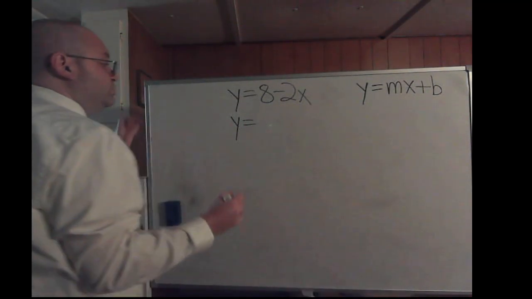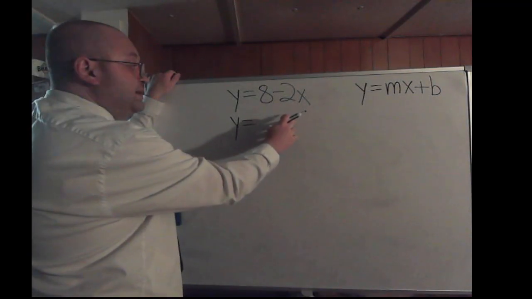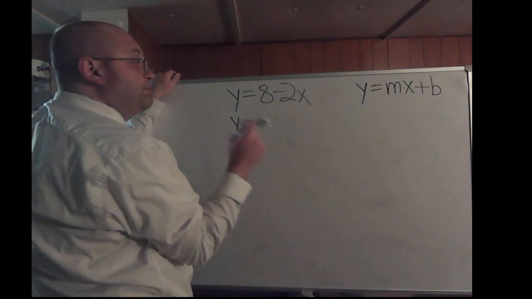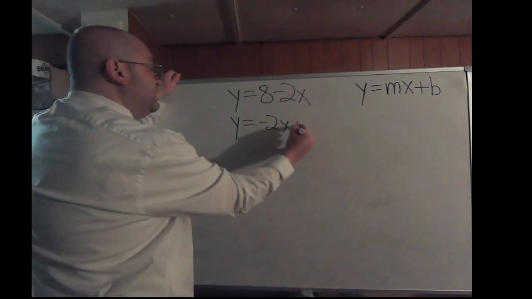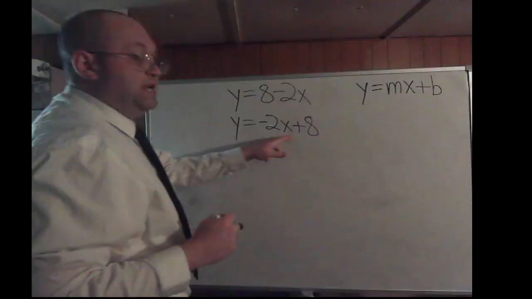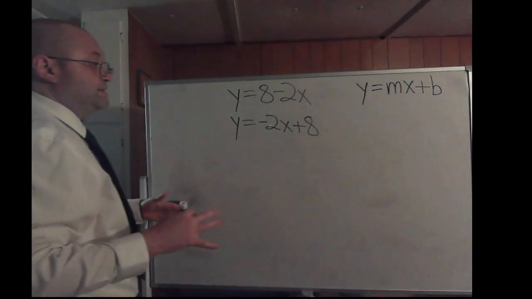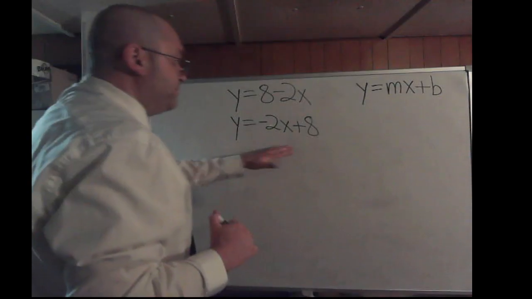It's going to be equal to, on the right-hand side, you have 8 minus 2x. You can use the commutative property of addition to make it negative 2x plus 8. That would be the exact same thing. y would equal negative 2x plus 8. Now we have it in slope-intercept form.